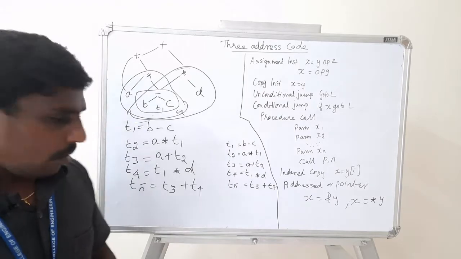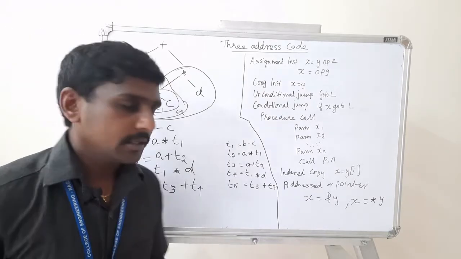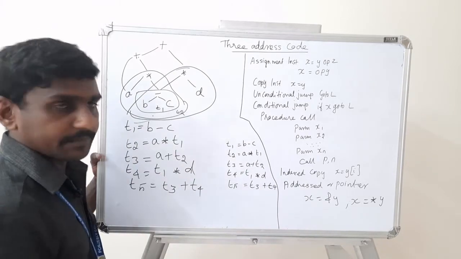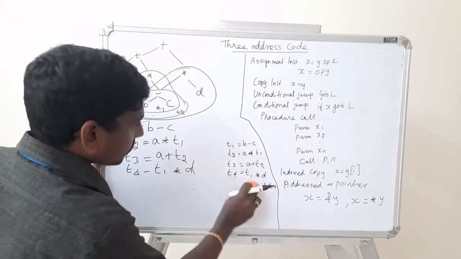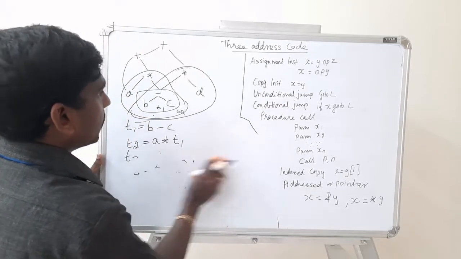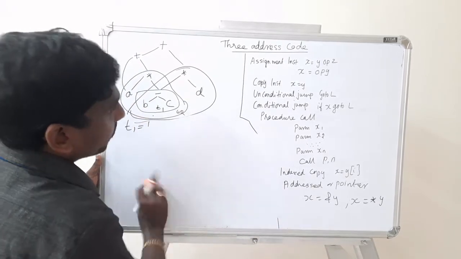So this is the way to construct a 3 address code from the syntax tree. Clear?